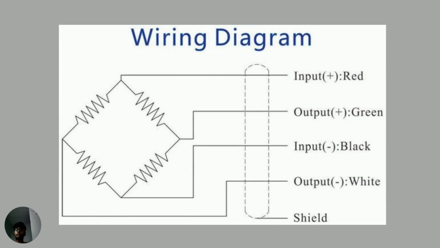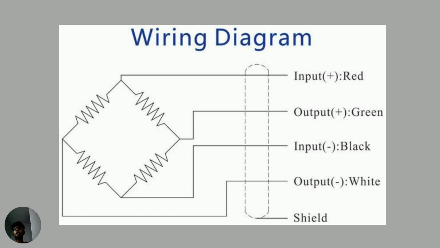So here's the wiring diagram. This is basically the diagram inside the strain gauge of the load cell. Red represents the positive input, green represents the output, which will be connected to the first voltage follower, and black is basically the negative input. White output will be connected to the second voltage follower.